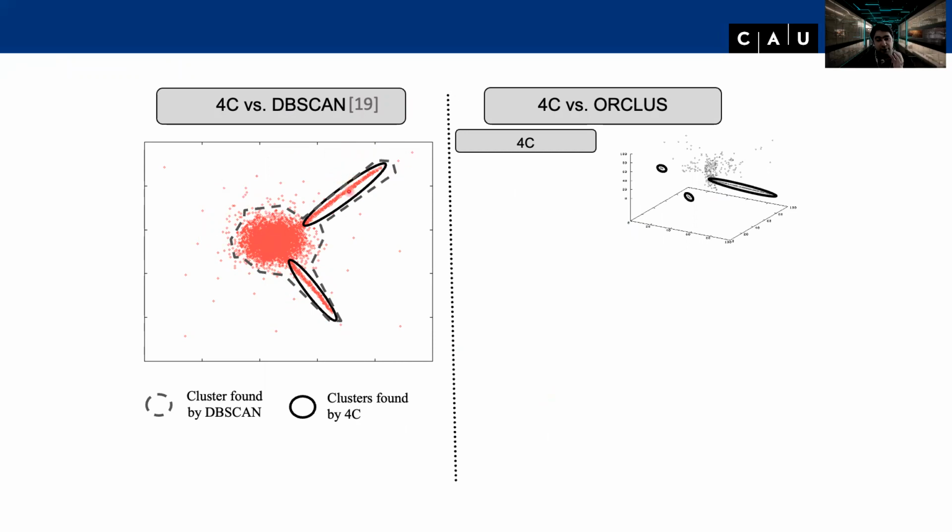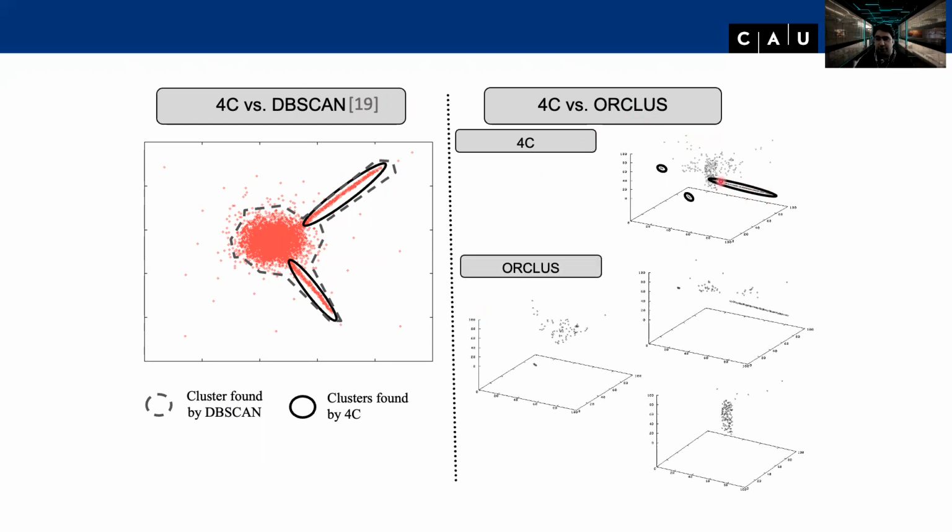If we apply 4C on it, it will recognize this as one cluster and this as one cluster. So we see the differences here. What happens if we apply a density-based clustering algorithm tailored at detecting corresponding subspaces, versus a full-dimensional density-based algorithm like DBSCAN, with these dashed lines indicated? And on the other hand, we have 4C versus Oculus, since we had Oculus beforehand.